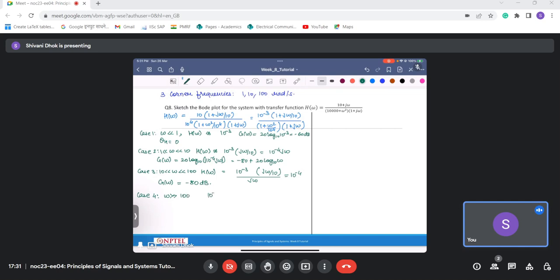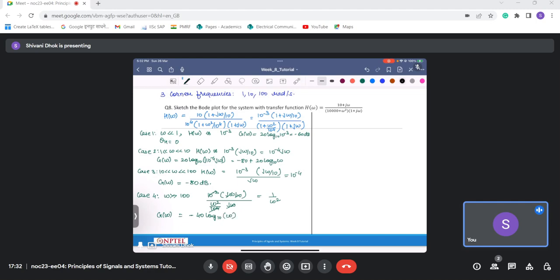So here 10 raised to minus 3, this is simply j omega by 10 upon omega square by 10 raised to 4 into j omega. Okay, now this is basically 10 raised to minus 4. This goes above, this gets cancelled, this also gets cancelled. So this is equal to 1 upon omega square. So this comes out to be g of omega is equal to minus 40 log to the base 10 omega.